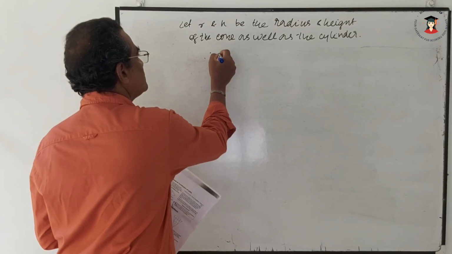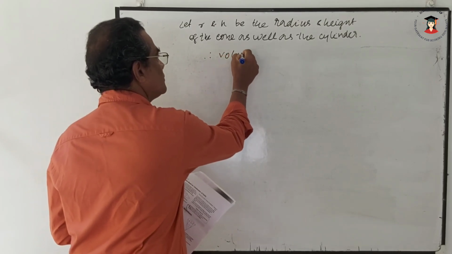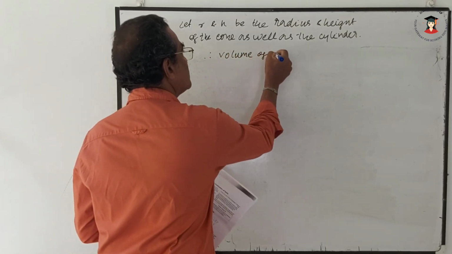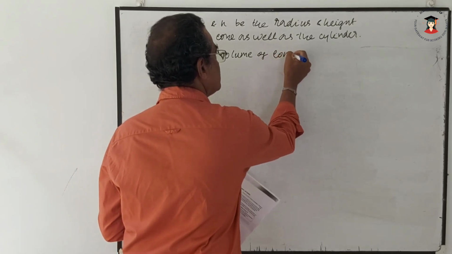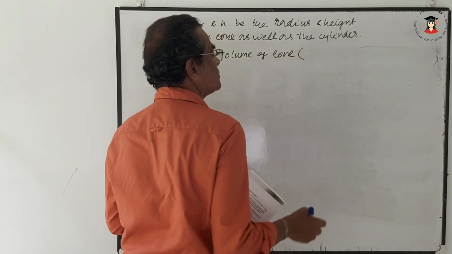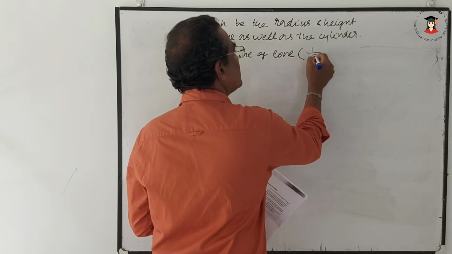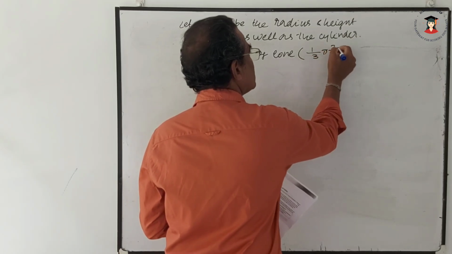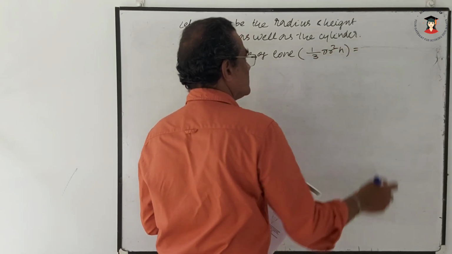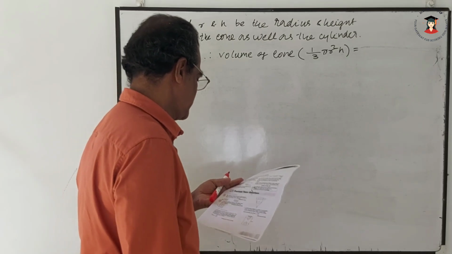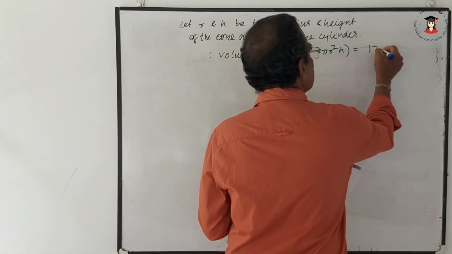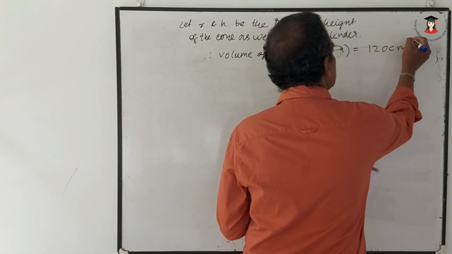Volume of cone, we know it is 1 by 3 pi r square h. This has been given in the question. It is 120 centimeter cube.